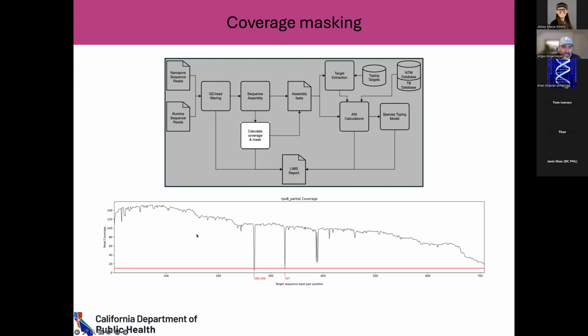Any nucleotides that drop below the threshold, in this case 10x, we just mask to Ns and keep the data otherwise. This works out well because if the final step is average nucleotide identity and you have too many Ns, your ANI is going to fail at the thresholding step. So you don't actually need to throw out this data at earlier points.